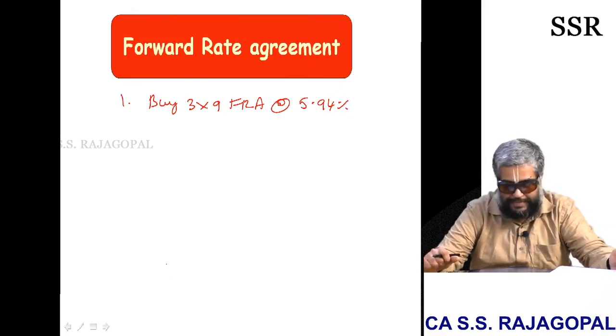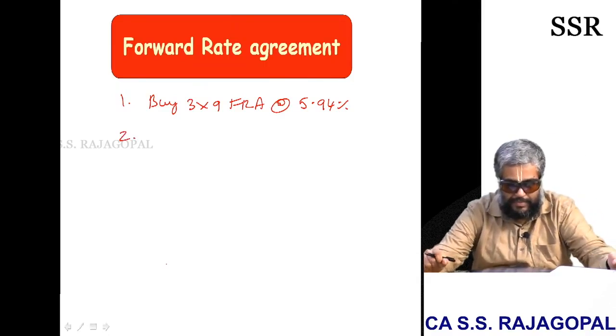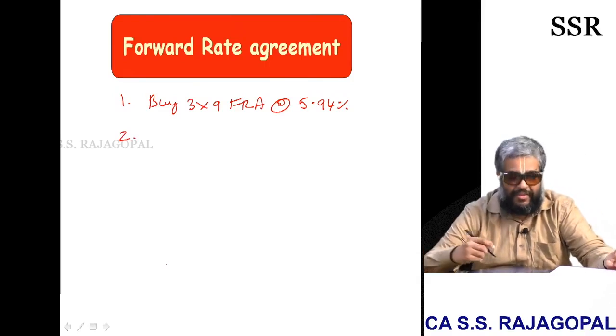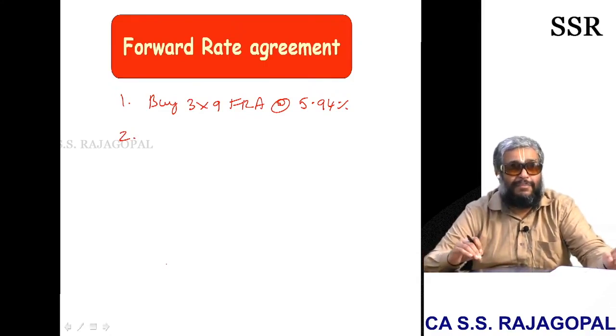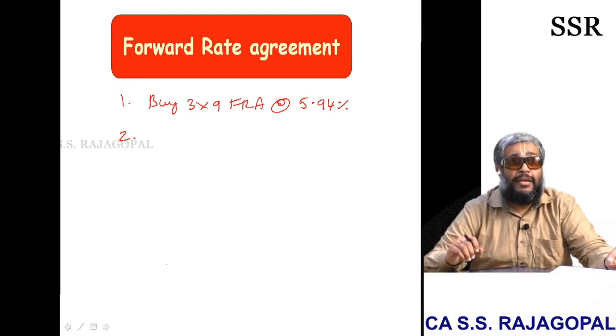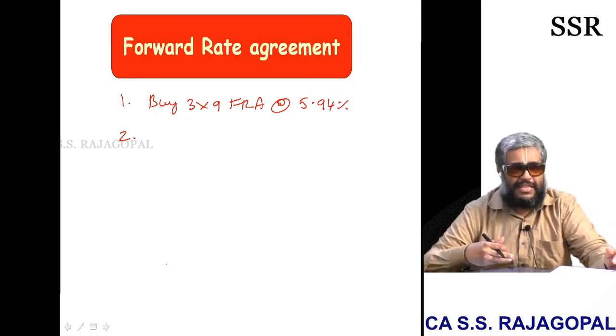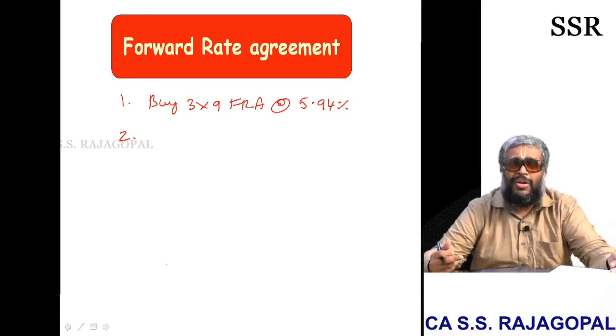Okay, next. Point number 2. First, you tell me the meaning of this. What is the meaning? This company, Electra Space, has agreed to buy what? An interest rate, some reference rate. It is a problem without a reference rate. Yes, some LIBOR, MIBOR, T-bill or something.